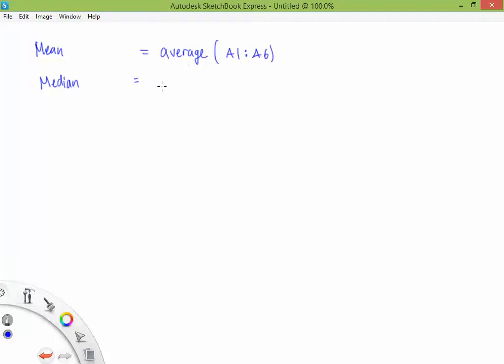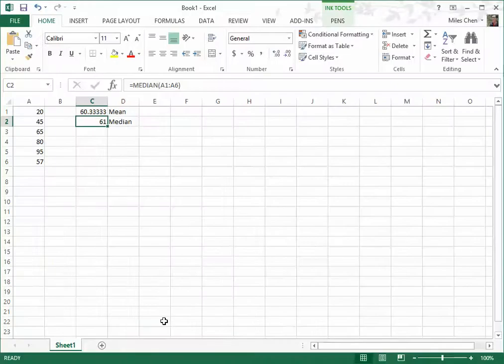Excel is often smart enough to close the parentheses for you if you don't do it yourself, but sometimes Excel, trying to be smart, will close the wrong parentheses, because you can put formula parentheses within parentheses, and sometimes it gets confused. So I always say it's good practice to always type in the parentheses yourself. So that's the median.